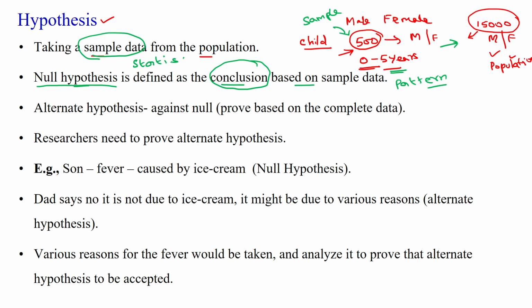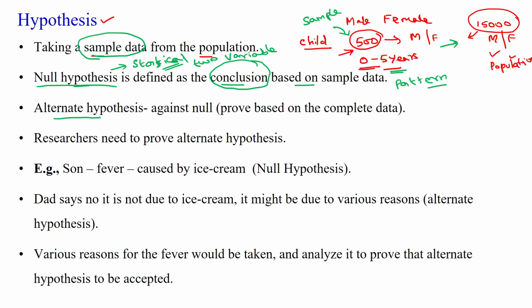So here we will use statistical measures to identify the relationship between the two variables. Here the two variables are male and female. To differentiate male and female, it needs some statistical measures to identify the relationship.